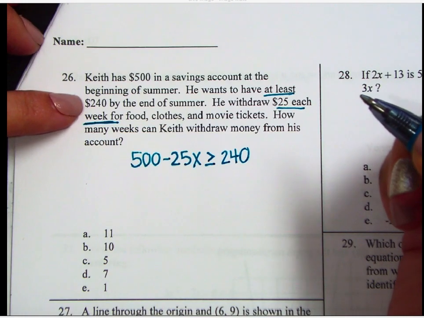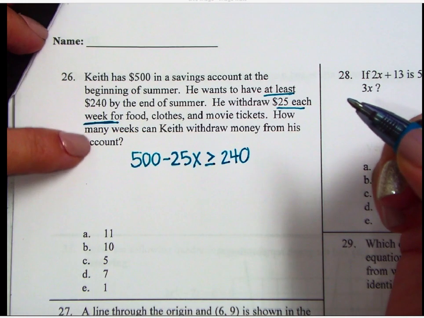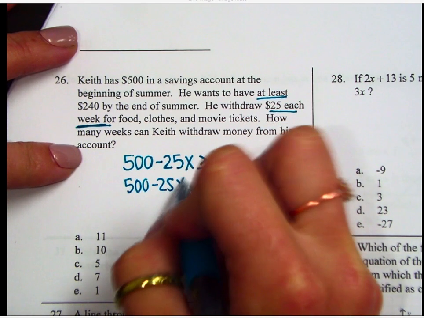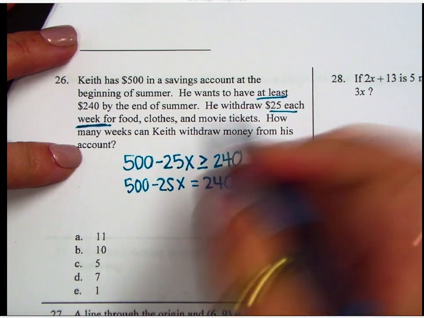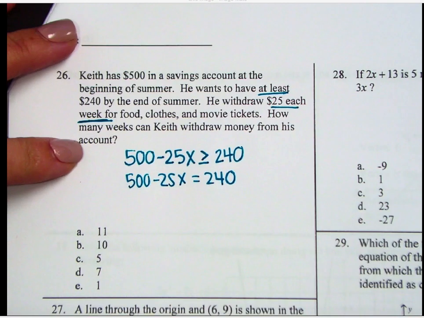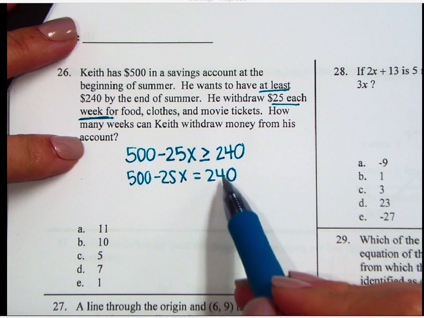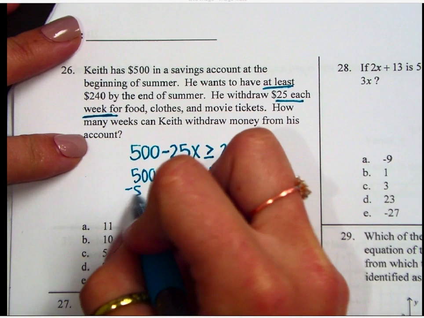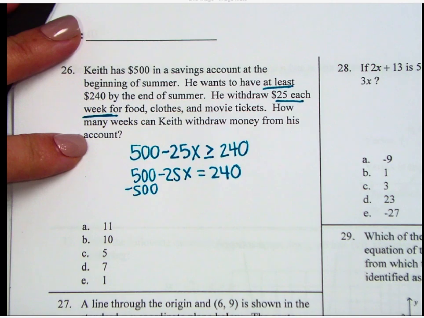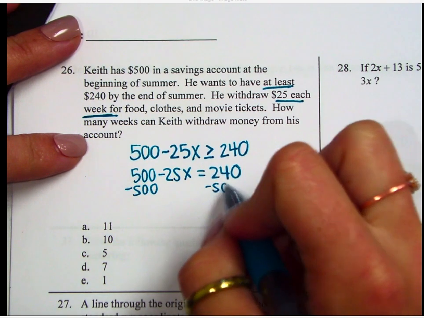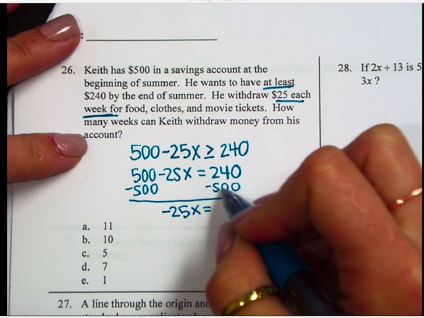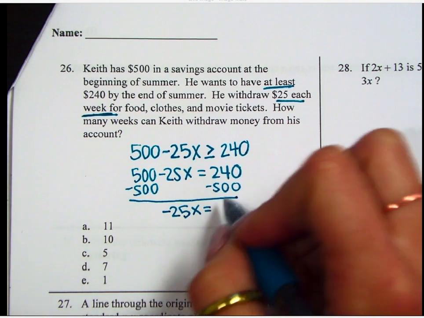So how many weeks can he withdraw money from his account? We can go ahead and just think of this as an equal sign, but we don't want to be anything below $240. So to solve for x, we would subtract 500. -25x is equal to 500 minus 240.